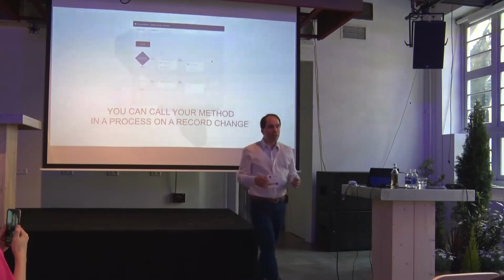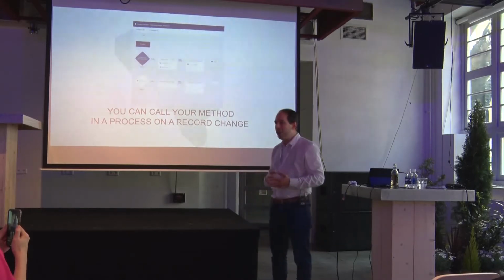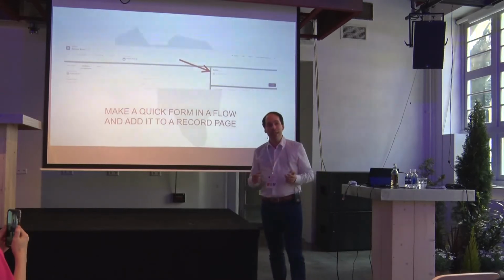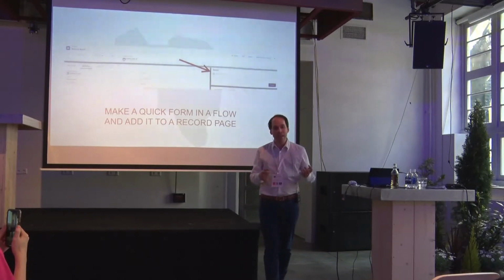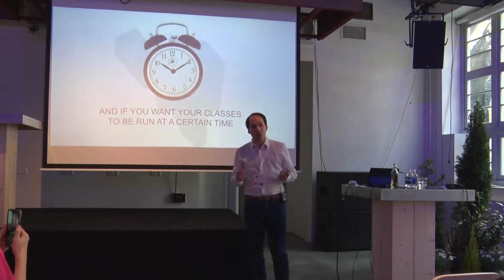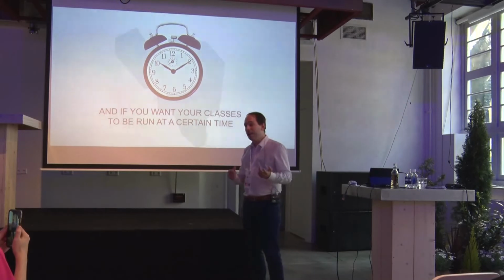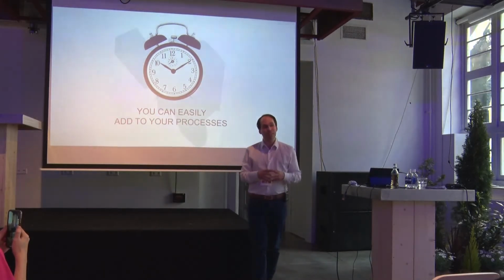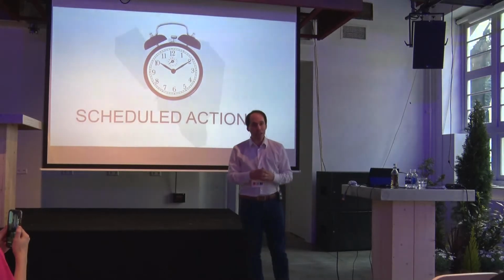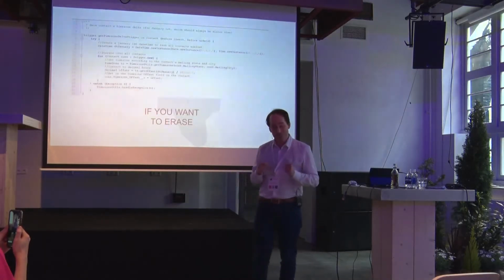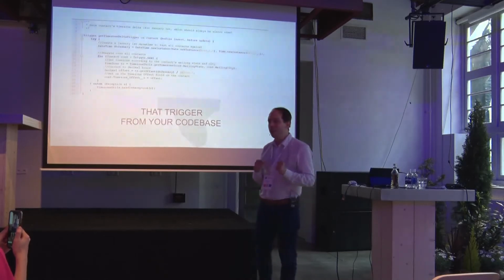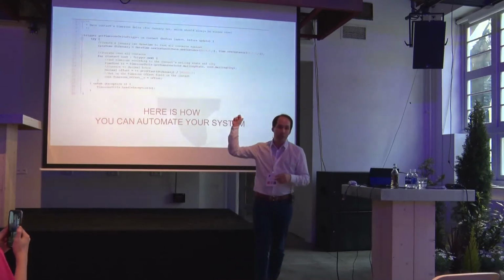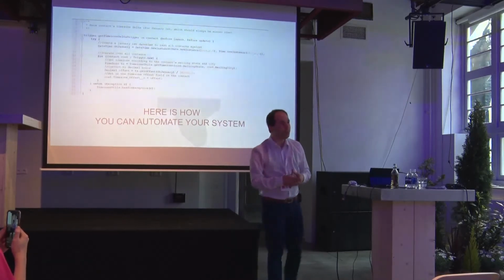You can call your method in the process on a record change. Make a quick form in the flow and add it to the record page. And if you want your classes to run at a certain time, you can easily add to your processes scheduled actions. If you want to erase that trigger from your code base, this is how you can automate your system.